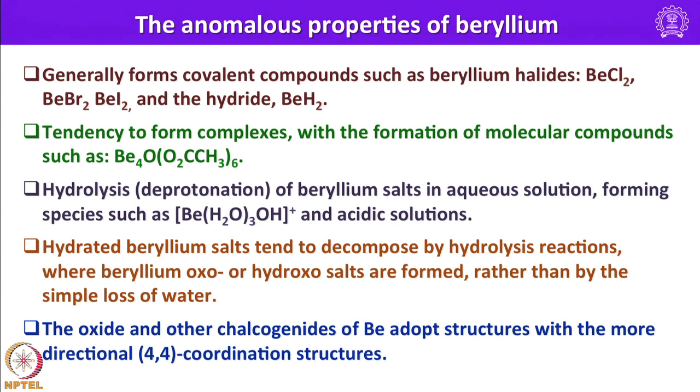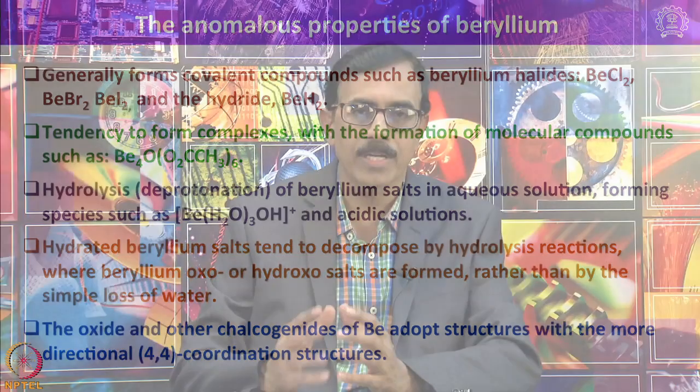Generally, beryllium forms covalent compounds such as beryllium halides, BeCl2, BeBr2, beryllium iodide, and also with hydrogen it forms covalent hydride BeH2, and they have a tendency to form complexes because of larger hydration enthalpy with the formation of molecular compounds such as beryllium acetate.